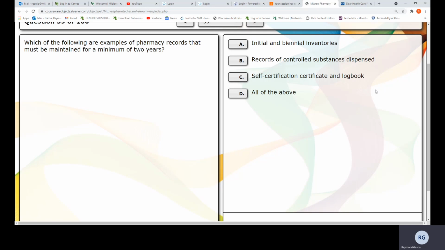Which of the following are examples of pharmacy records that must be maintained for a minimum of 2 years? Initial and biannual inventories, records of controlled substances dispensed, self-certification certificate and logbook, or all the above.